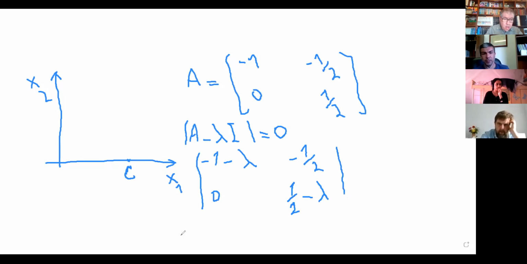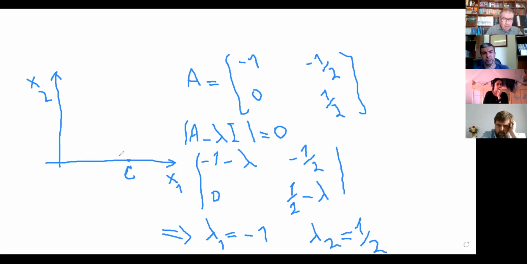So actually I got the point. Writing here, for lambda 1 I got -1, and lambda 2 I got 0.5.